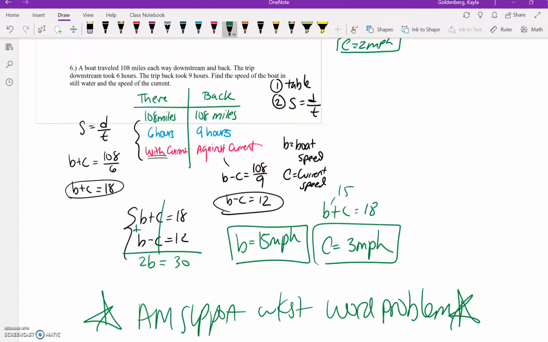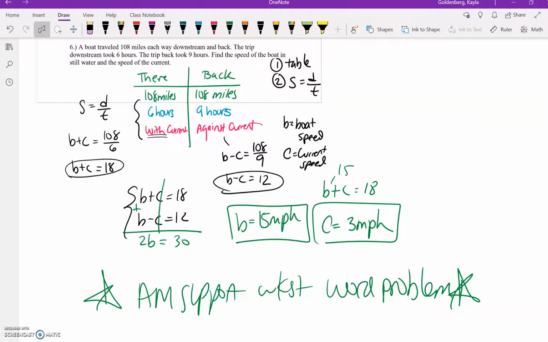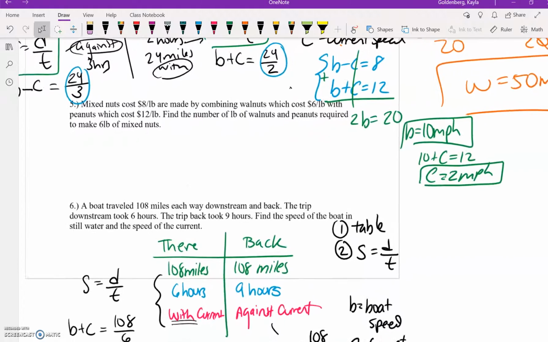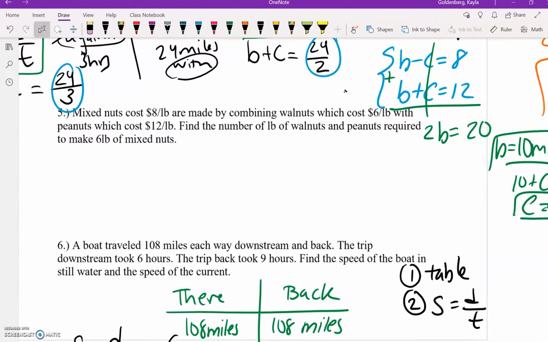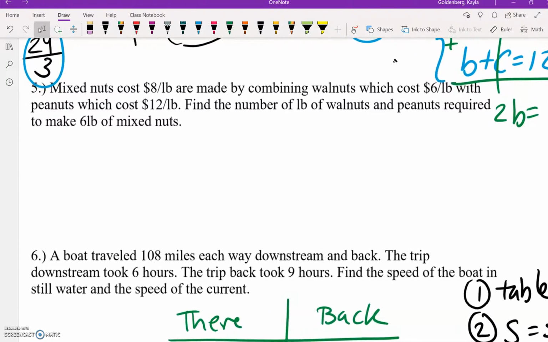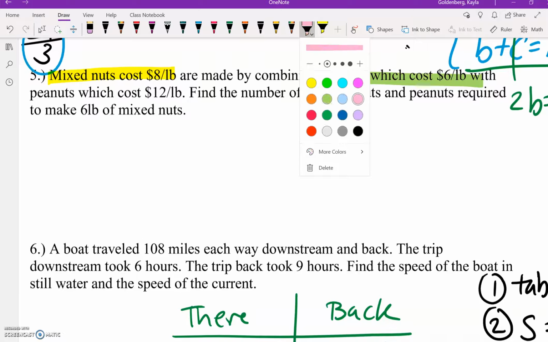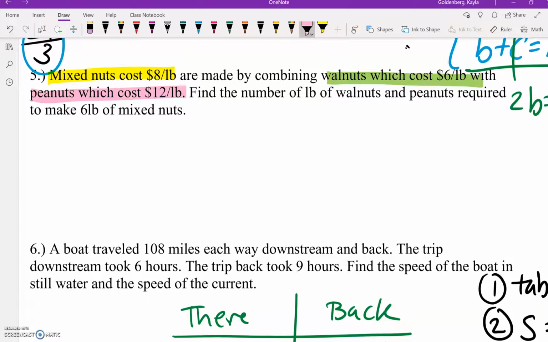I do have one more practice problem, so we're going to go in a different direction from our boat problems. This one, number 5, which you can call 6 if you call the other one 5, is about a factory that is doing a mixed nut bag. So mixed nuts cost $8 a pound, and they're made by combining walnuts, which are $6 a pound, with peanuts, which are $12 a pound.